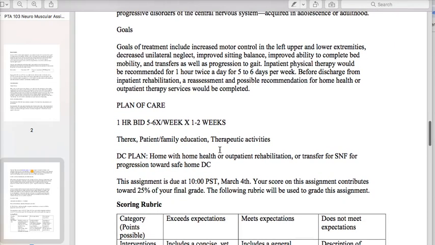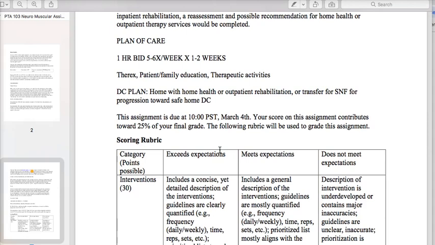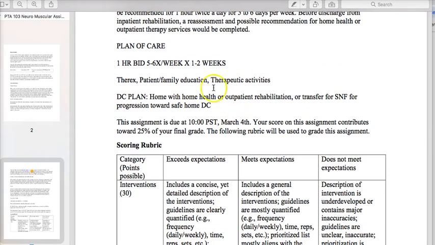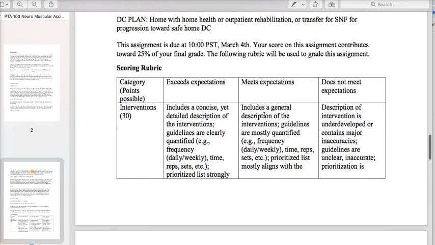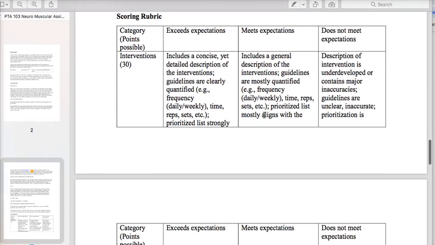These goals are definitely optimistic, but in most hospital stays, you're really looking at about 3 days before the patient is discharged. This is due March 2nd, not the 4th. And so here's your interventions. This should help guide you as well in terms of what you select for your interventions.